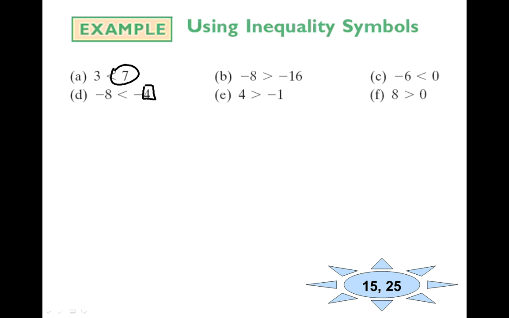I would rather owe somebody $4 than owe somebody $8. I am worse off if I owe $8. So that needs to be over here on the small side of the inequality. Okay? And they can go both ways. You can write 8 is greater than 0, or you could write 0 is less than 8. Knowing those things, why don't you try 15 and 25?